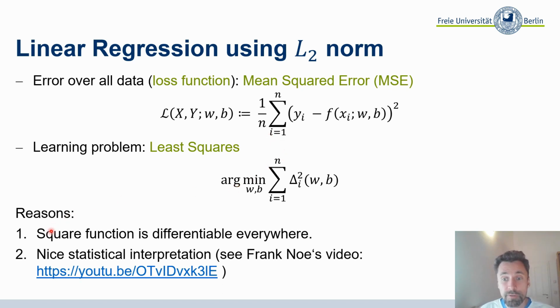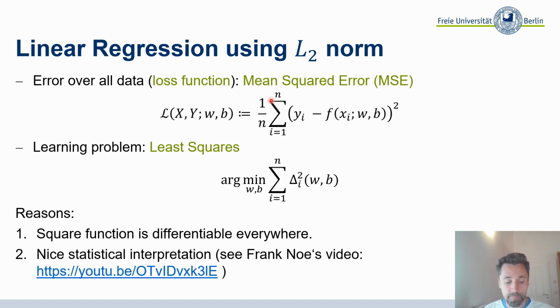We use the square function for convenience reason, really. We will see that later on, and also we use this because it has a nice statistical interpretation. And I recommend you visiting this YouTube video here, produced by Frank Noé, a colleague in the math department, who beautifully describes that the likelihood of the data and the model is connected to the least square solution.